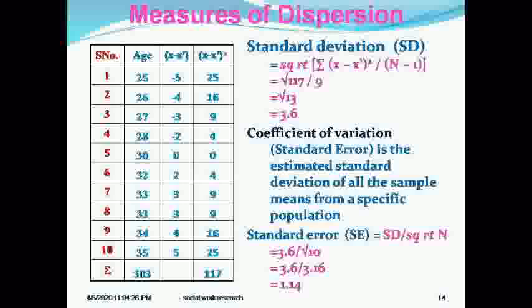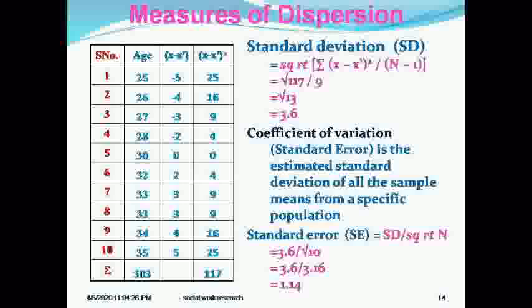If we take 10 samples of 10 observations, we might get 10 different means. Putting all these means into a table, if we calculate the standard deviation of all the sample means, that is called the coefficient of variation.